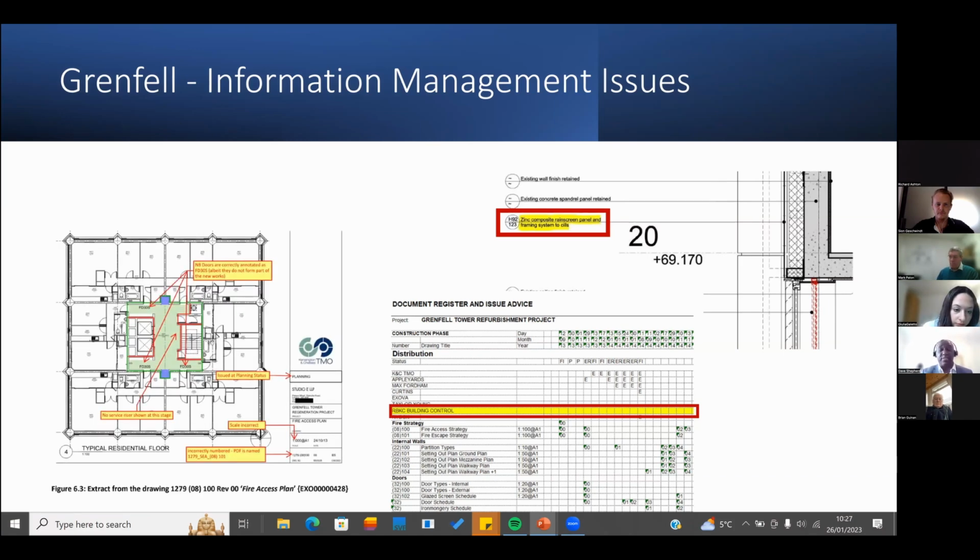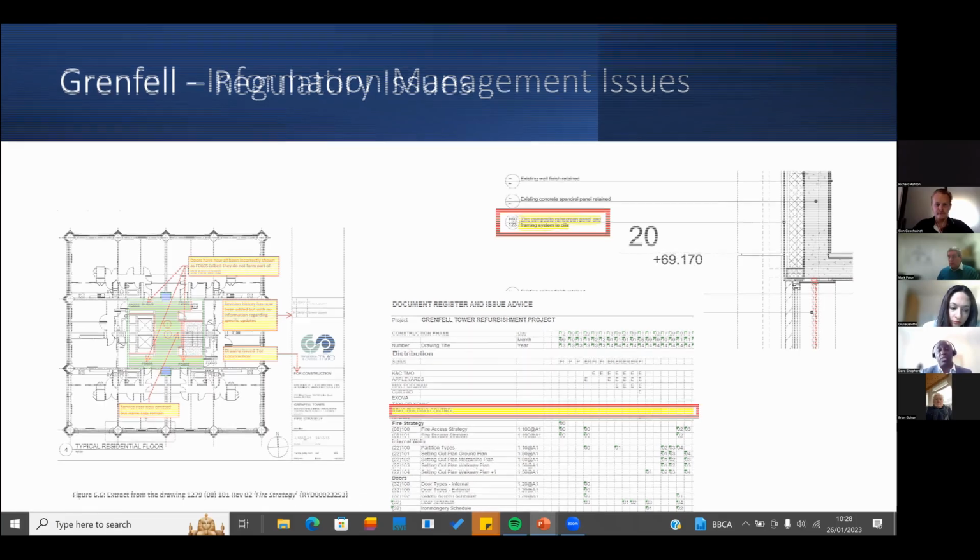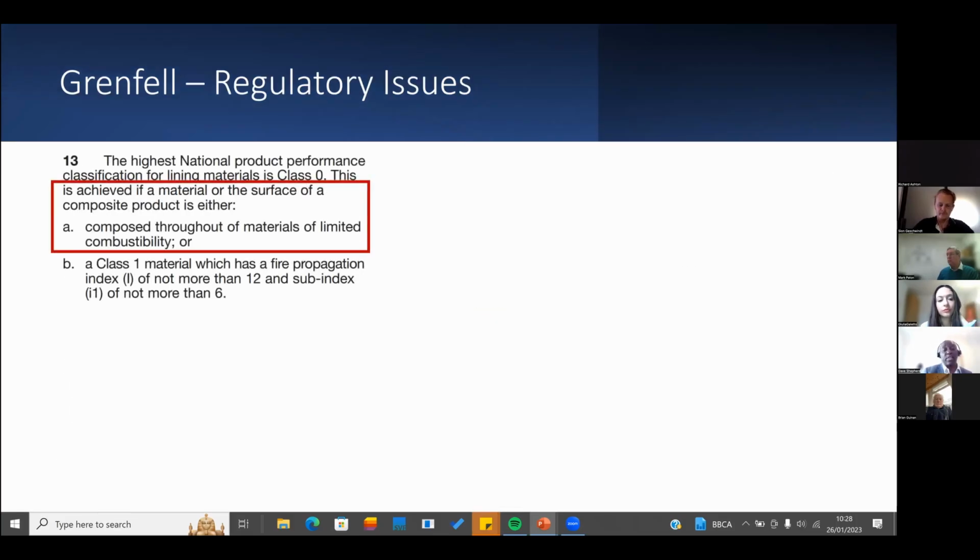There were omitted things like the service risers. There were issues with the fire ratings of doors that had been changed. And all of these contributed. There were also regulatory issues. Let's face it, we've got class 0, and that's to do with the surface propagation of fire rather than the actual core.